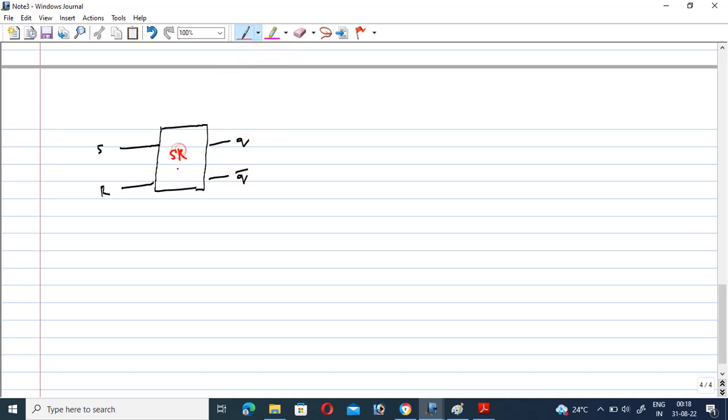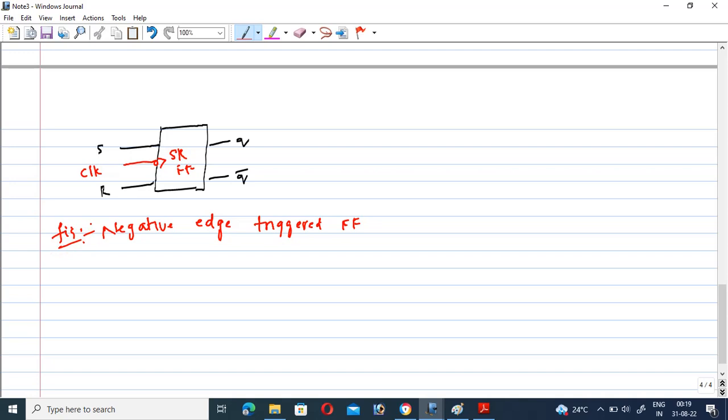It is an SR flip-flop again. If the clock has a bubble, this is generally called a negative edge triggered flip-flop. This figure shows the negative edge trigger flip-flop.